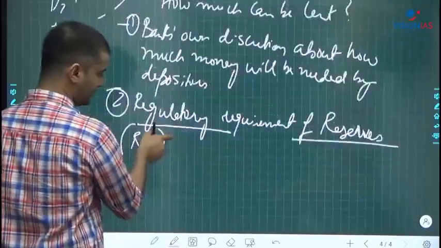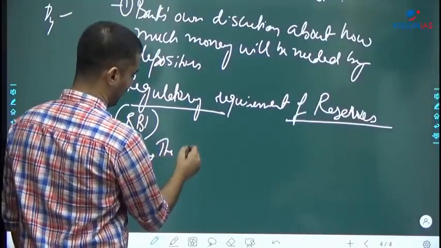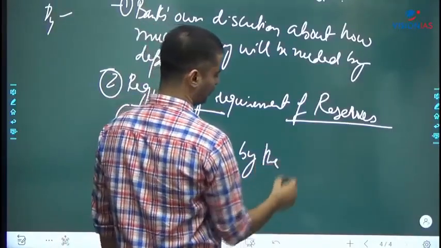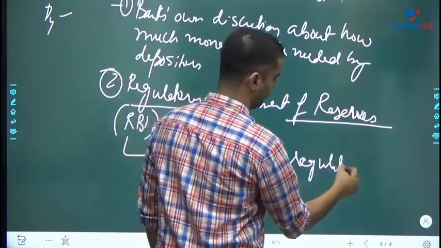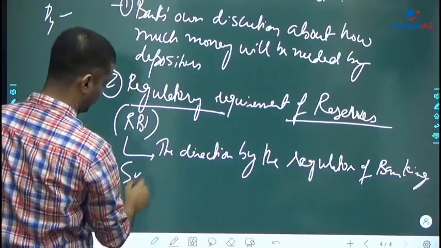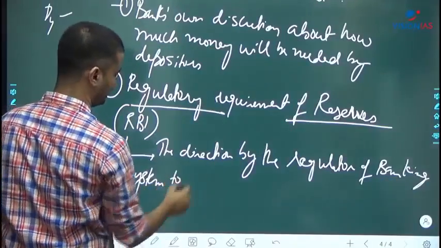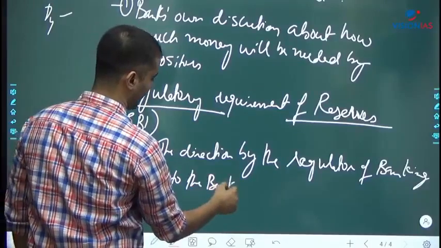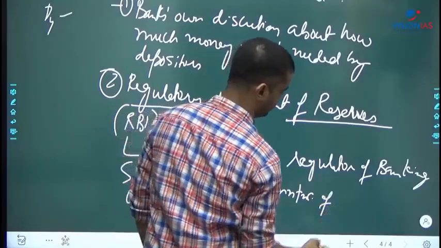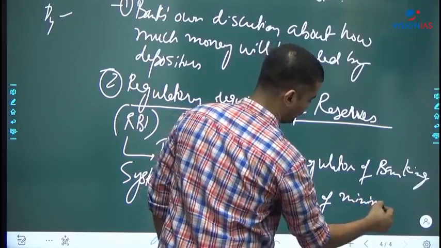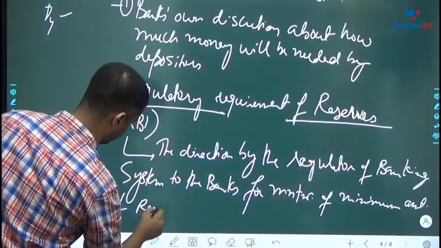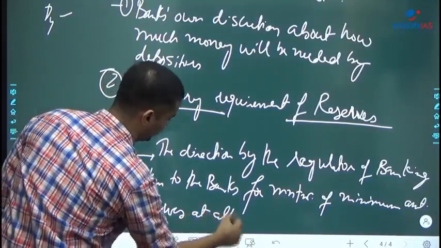Regulatory requirement of reserves is the direction by the central bank or the regulator of the banking system to the banks for maintenance of a minimum amount of reserves at all times.